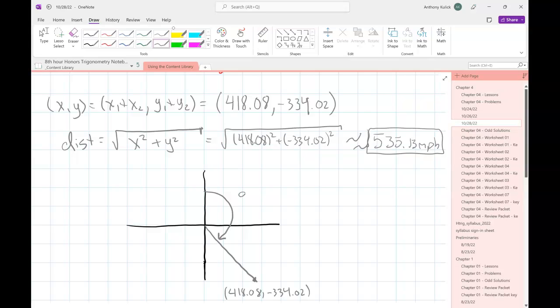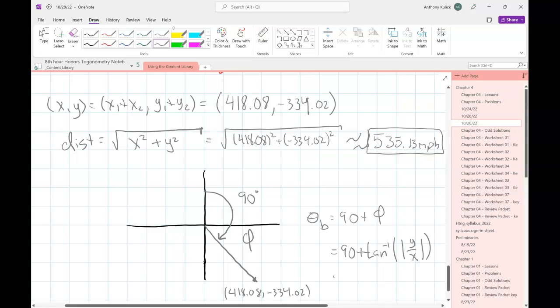So that's my bearing. So my bearing should be 90 plus phi.